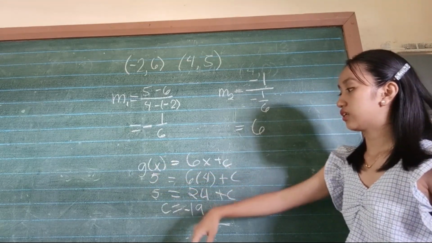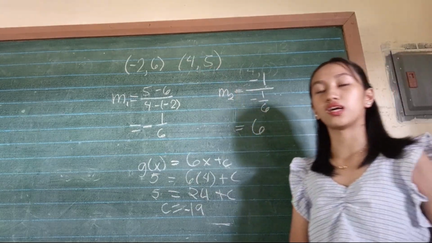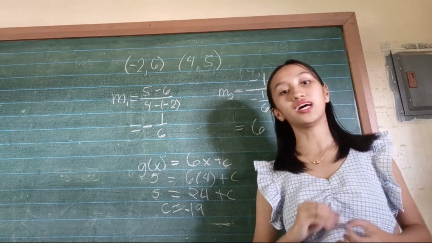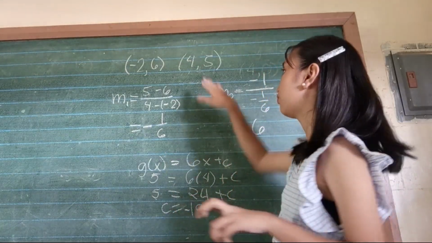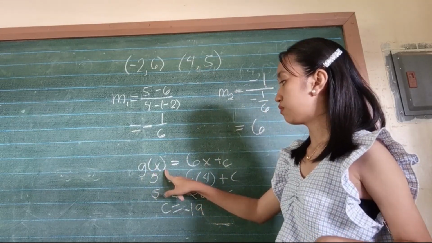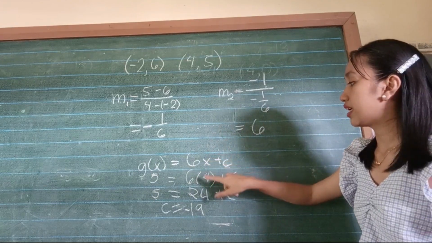Then we substitute the given. So 4 and 5 are what we will substitute, because in the given problem the line passes through the point 4 and 5. So g of x can be substituted as 5 and then the x is 4.